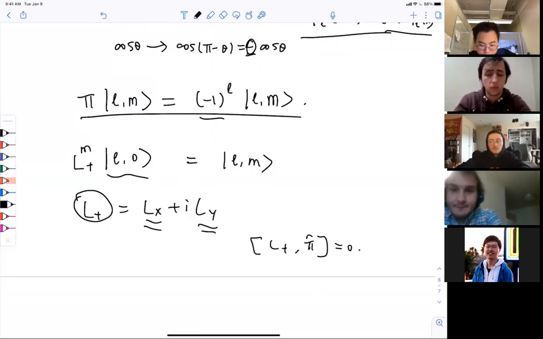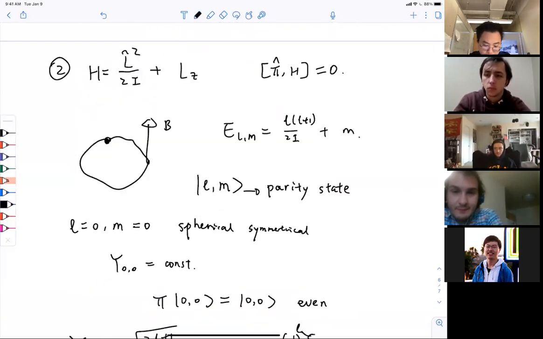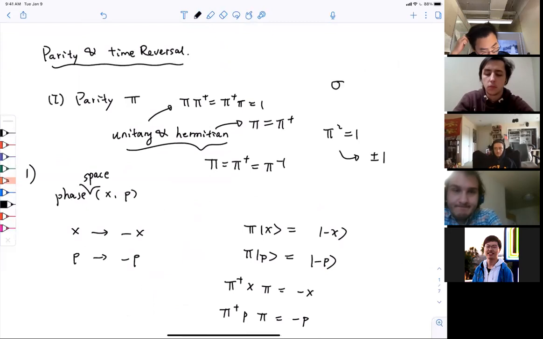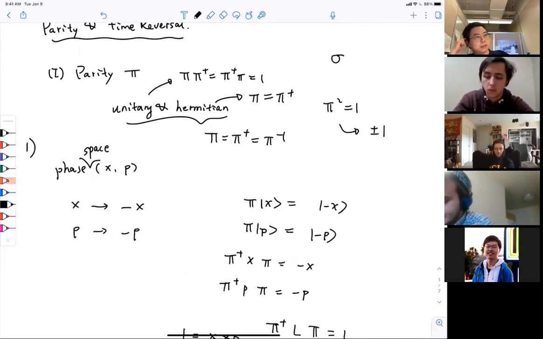Any question about this part? Here are just some basic properties about parity. It's quite an important symmetry we need to be careful about. Like in field theory, besides continuous symmetries like Lorentz symmetry, there are three important discrete symmetries, like CPT.